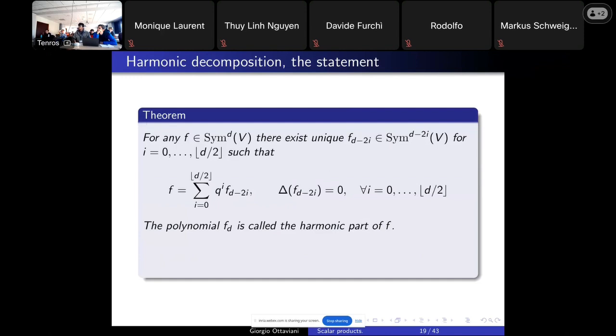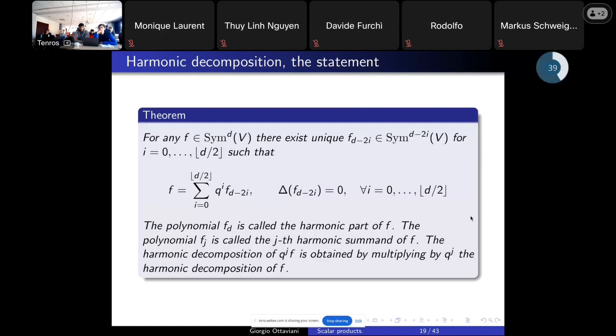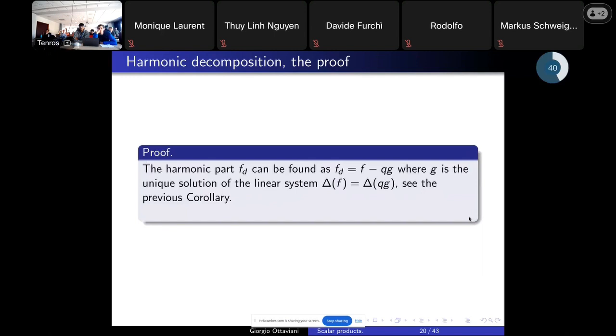Given F, you want Fd. So you do the following. You see, I reverse this. Fd is equal to F minus Qg.